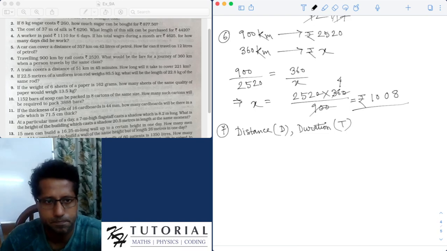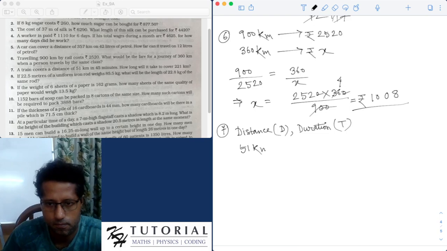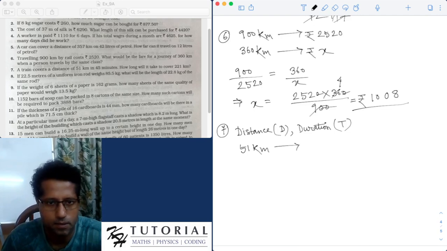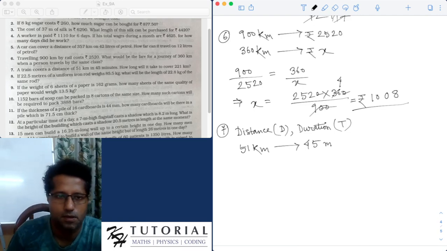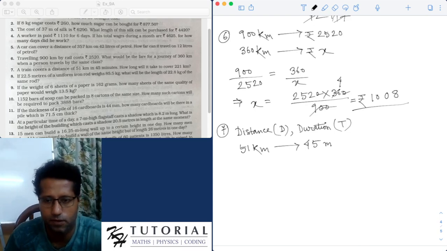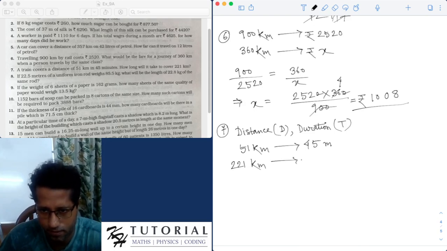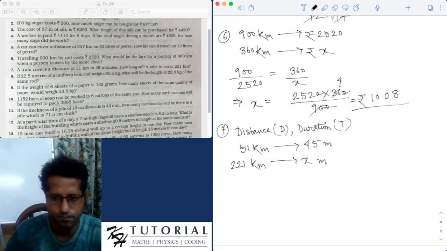So it has given that 51 kilometer is covered by the train in the time taken is 45 minutes. Now it has asked that how long will it take to cover 221 kilometer. So let's say 221 kilometer will be covered by the train in x minute.